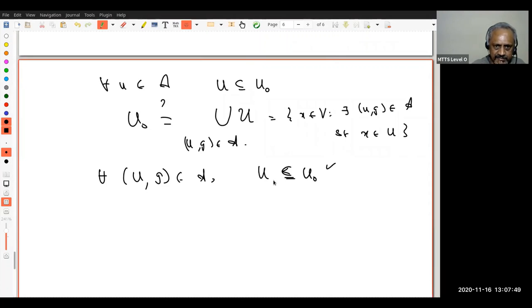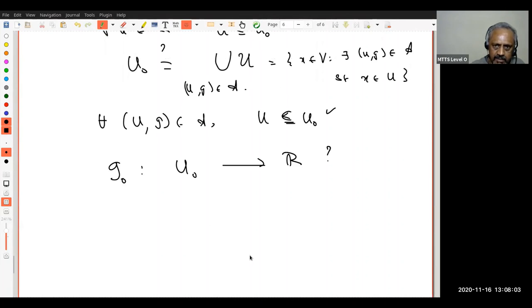By very construction. Right? Now I want a g0. g0 should be what? It should be a function from u0 to R. So how do I define it? Okay, there is only one obvious thing. Start with any x in u0. For x in u0, I have to define g0 of x. Right?